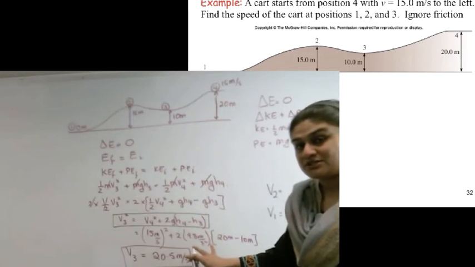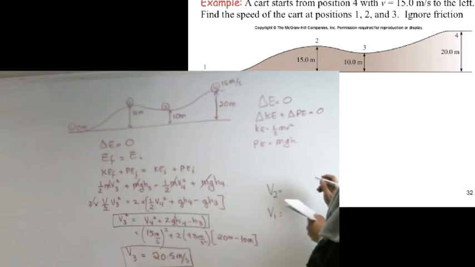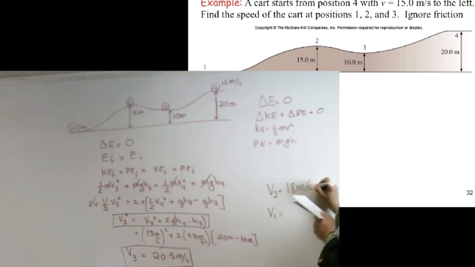It's the same process all over again. The answer to v2 is going to be 18 meters per second, and the answer at v1 will be 24.8 meters per second. The height here at 2 will be 15 meters, and the height here will be 0 meters.